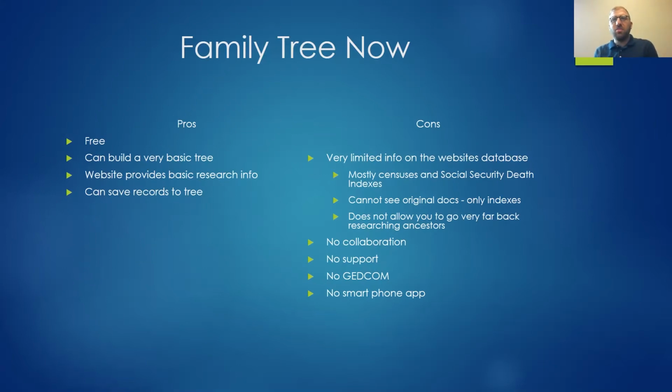You've got some census information and Social Security death indexes, but you can't see any original documents. It only provides indexes, and it also does not allow you to go back very far. So you're really going to come up with dead ends pretty quickly if you try to use this website to research your ancestors and to build a family tree.